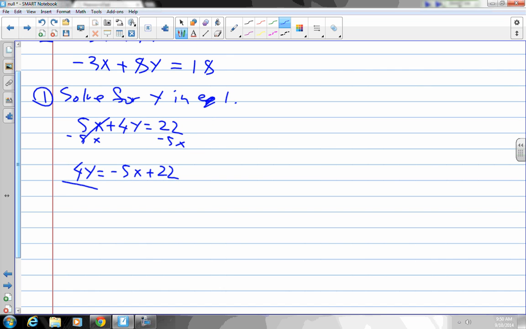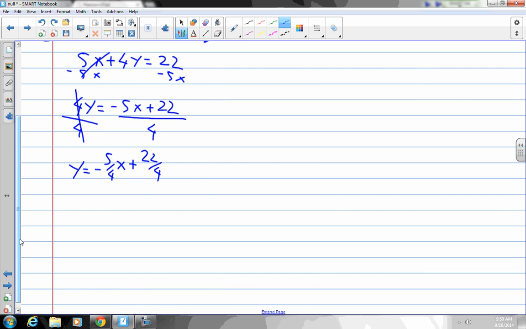And then divide both sides by 4. y equals negative 5/4 x plus 22 over 4. Right, since 4 divides both terms. Then we can reduce 22 over 4. y equals negative 5/4 x plus 11 halves.